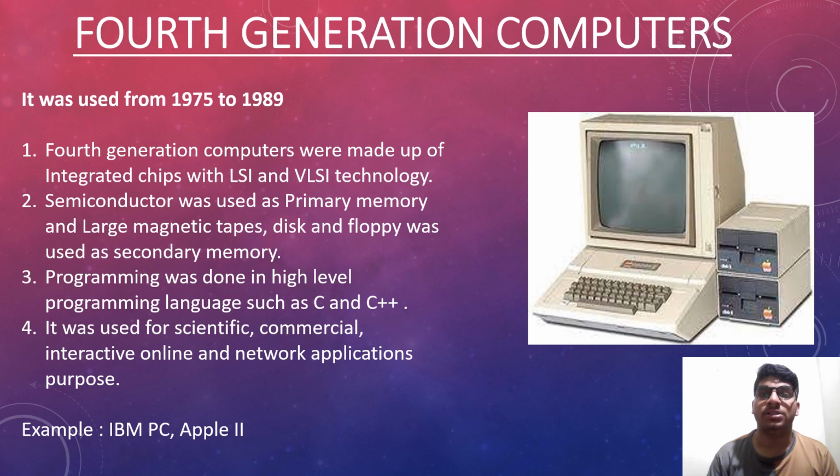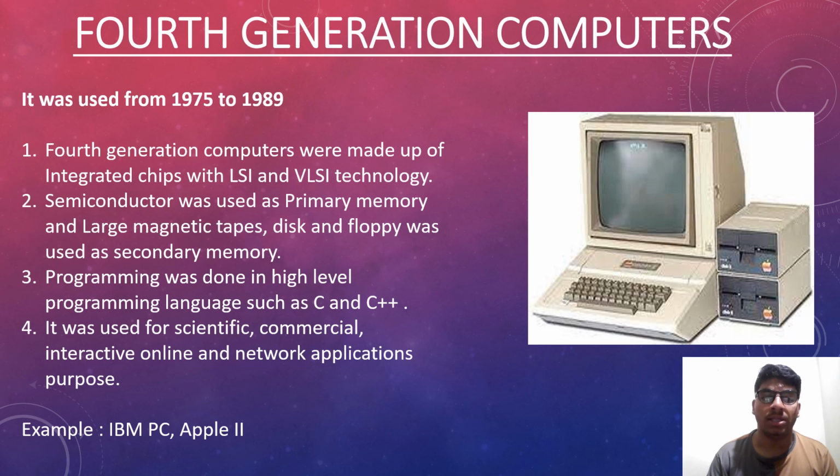The next topic is fourth generation computers. It was used from 1975 to 1989. Fourth generation computers were made up of integrated chips with LSI and VLSI technology. Semiconductor was used as primary memory and large magnetic tapes, disk and floppy were used as secondary memory.